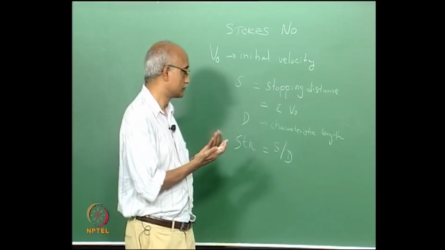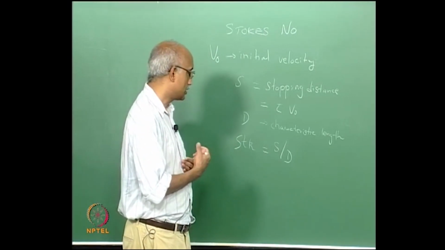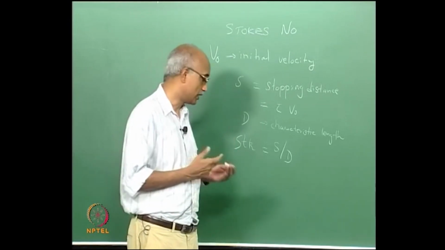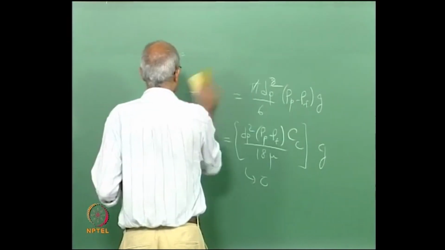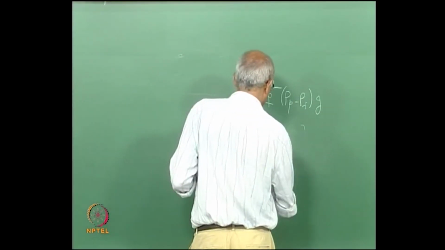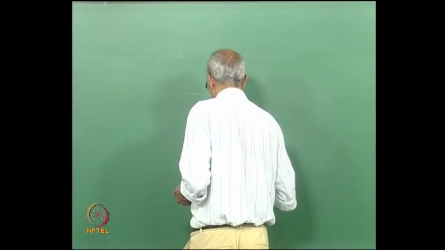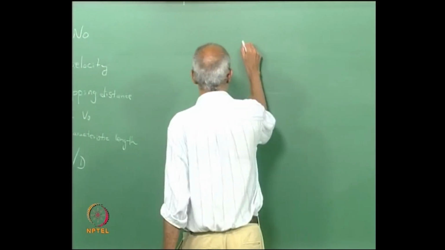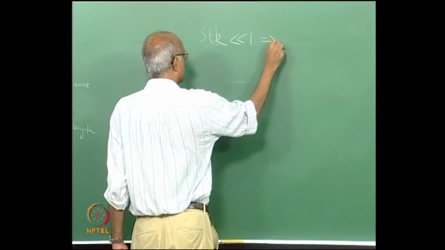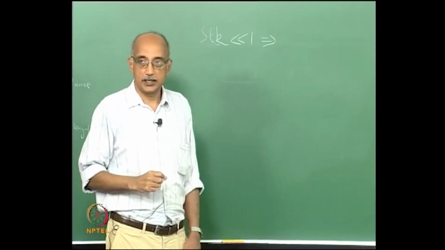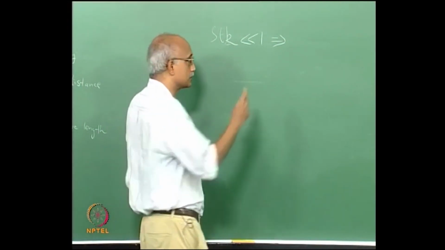to a stop. Now, in terms of the Stokes number then, what is the physical meaning of the Stokes number? When the Stokes number is much smaller than 1, it implies that inertial effects are virtually absent.